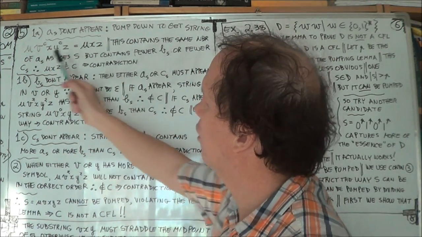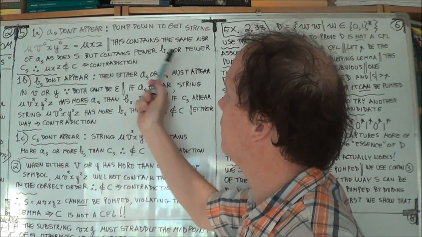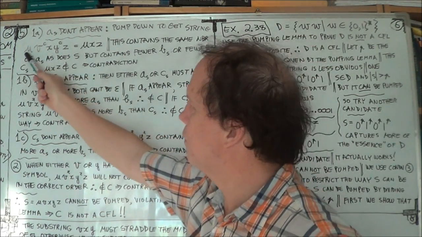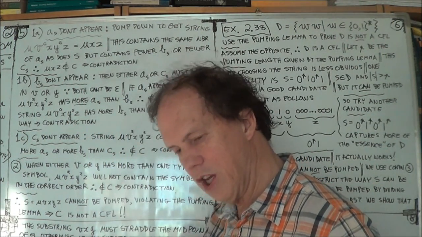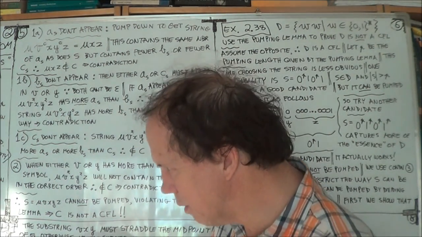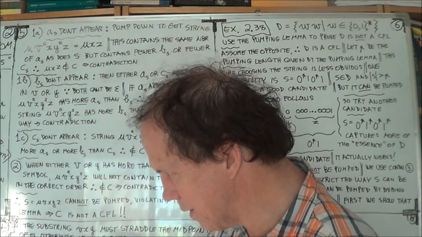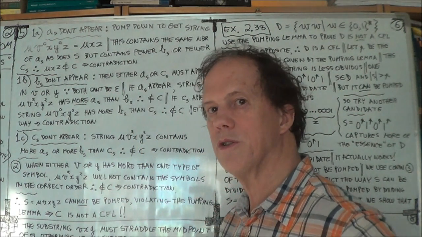So by pumping down, if V had a B in it, and we've got rid of that B or B's in here, we now have fewer B's than we had before we pumped down. Now if we set J equal to I and then J goes down, well, J is now less than I. But the description of the set is that J has to be greater or equal to I. So contradiction.